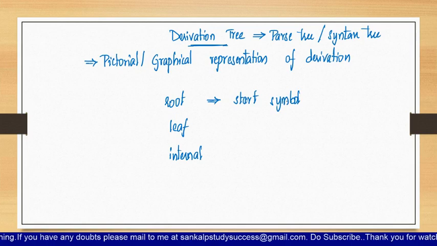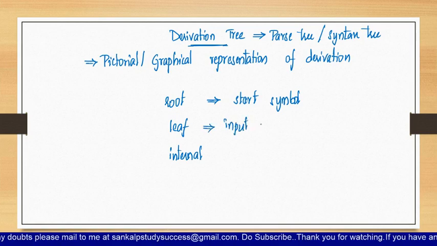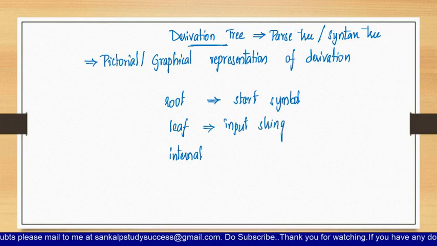That means our derivation tree starts from the root itself. And the leaf nodes indicate the input string. That means if you combine all the leaf nodes present in the derivation tree, then you will get the input string. Finally, you will end up with the input string.